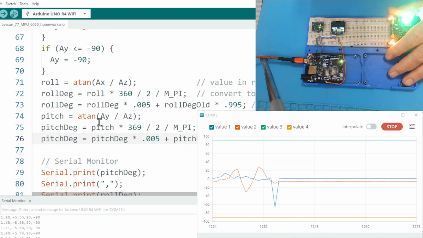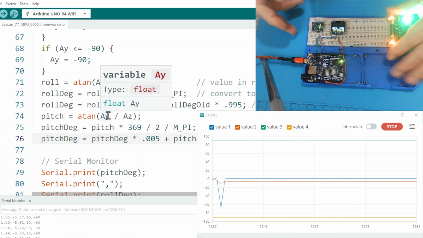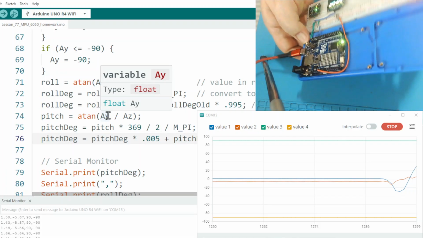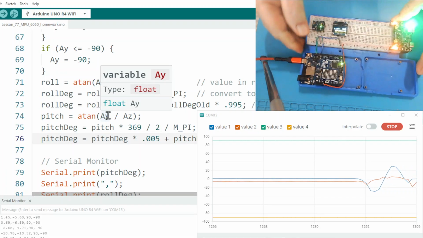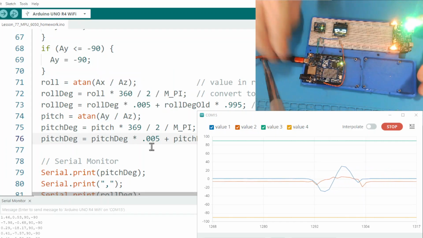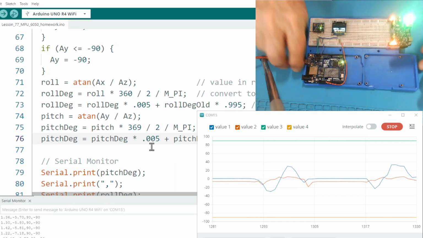And pitch is the axis going this way, which happens to be y. And if you go like this, you get minus pitch this way, positive pitch this way.